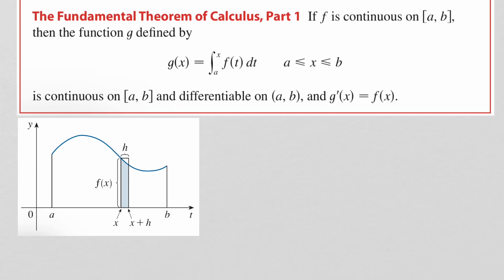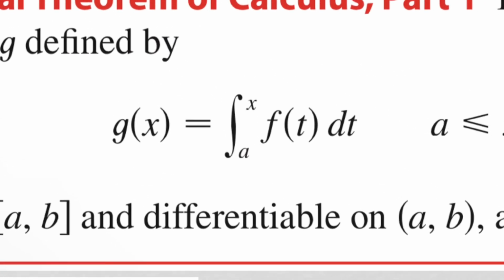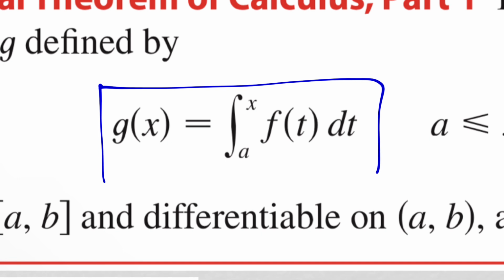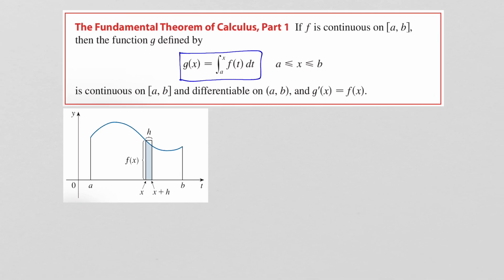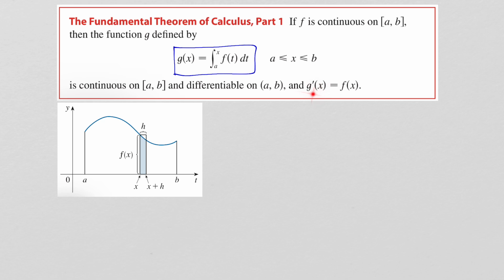So from our last example, when you define your function g in this way, so g is representing the area under the curve of the function f, it turns out that the derivative of g is equal to f. Or another way I can think about that is g is an antiderivative of f, right?